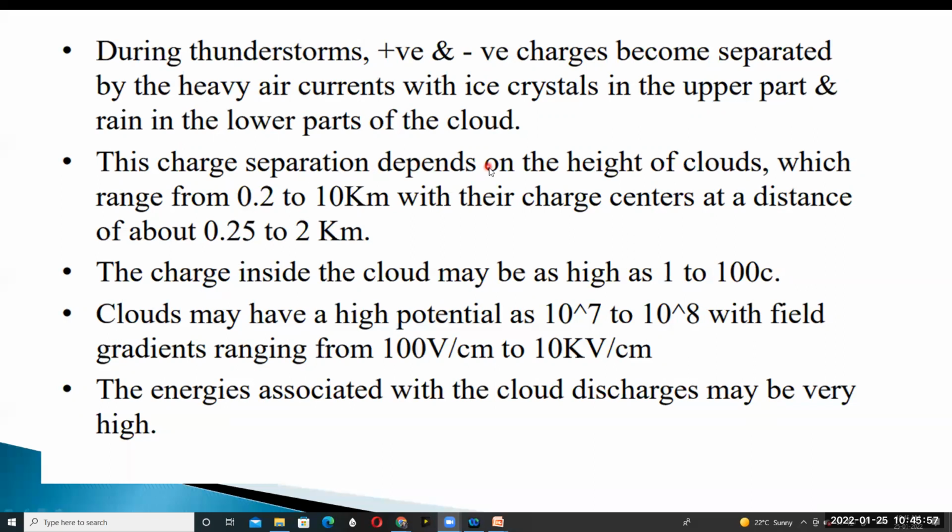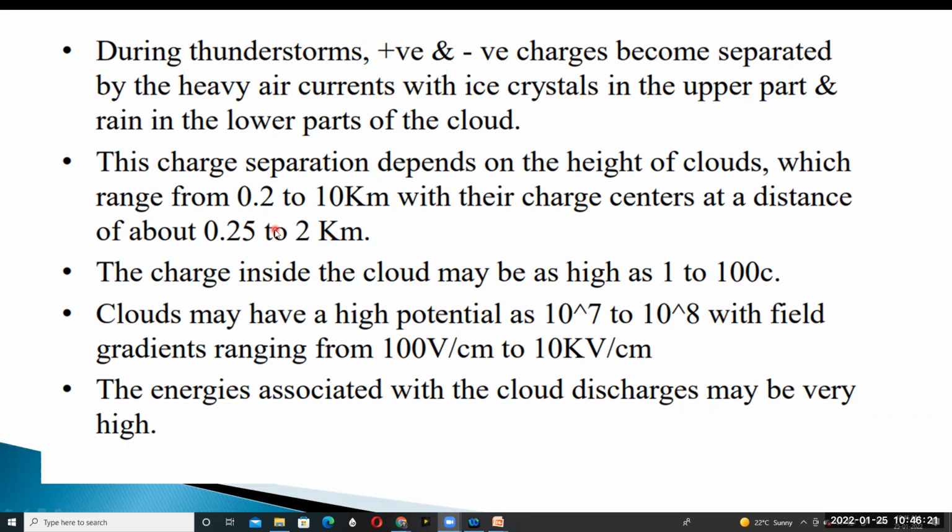The charge centers are probably at a distance of 0.25 to 2 kilometers, approximately 300 meters to 2000 meters, that is, 2 kilometers.